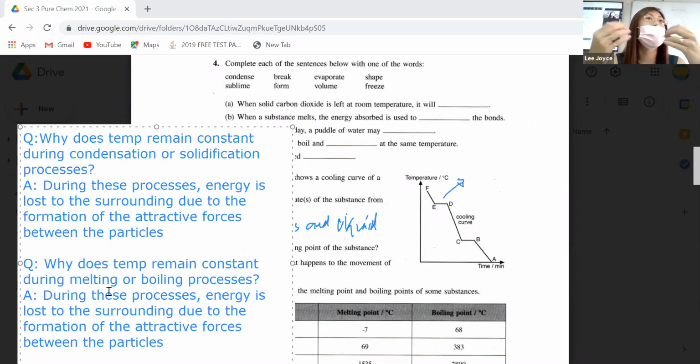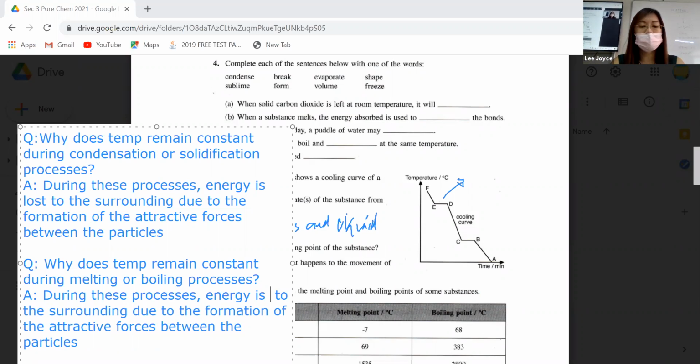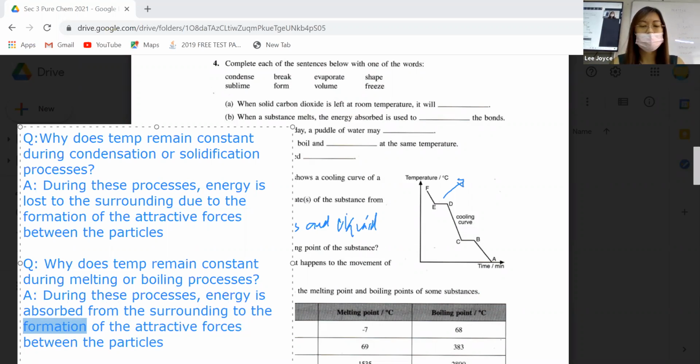The energy is not being absorbed to increase the temperature. You got the idea? Right, so here we're going to say that energy is absorbed from the surrounding to overcome the forces or the attractive forces between the particles.